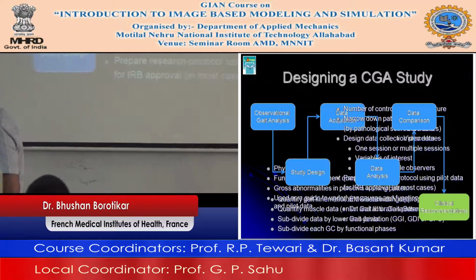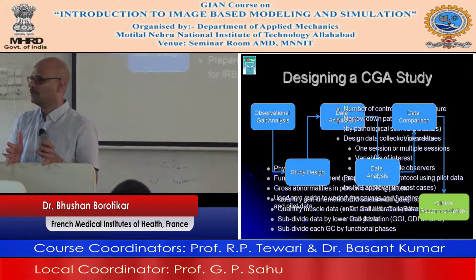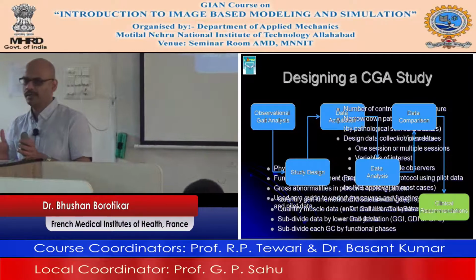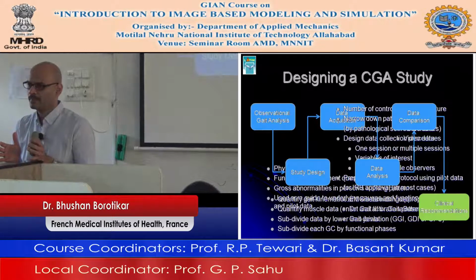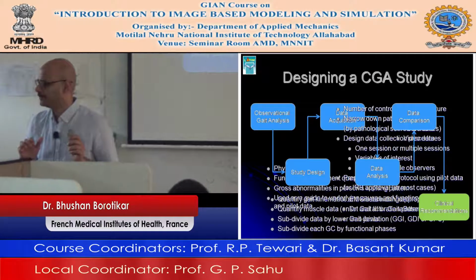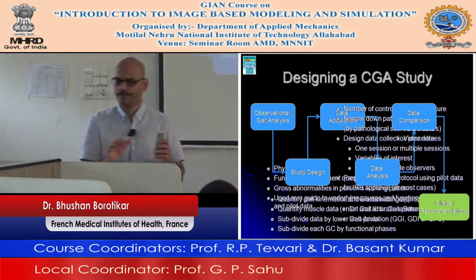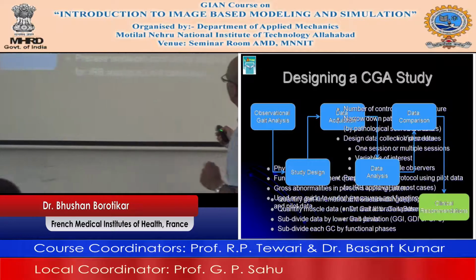What we are studying is how much pathological your joint kinetics and kinematics parameters are, given a control and an abnormal group. So we should have a number of controls and patients.